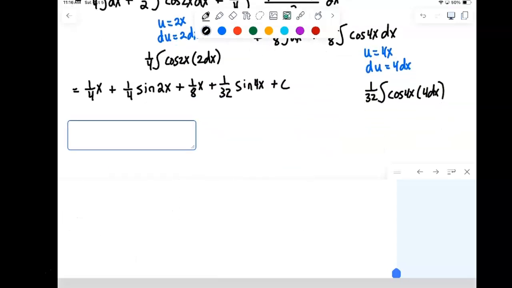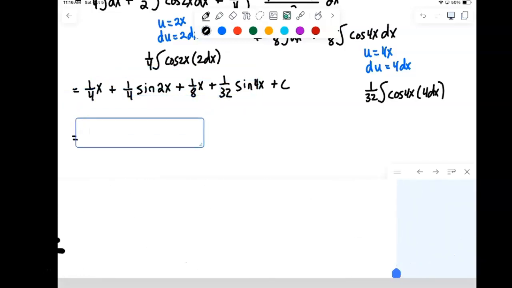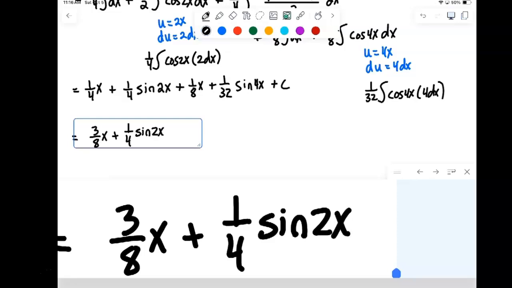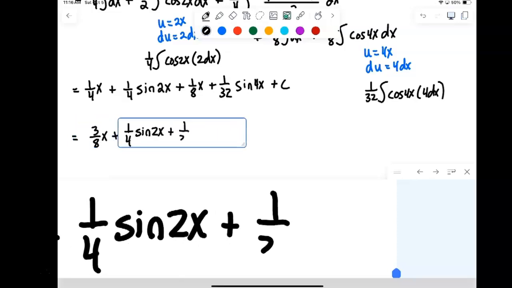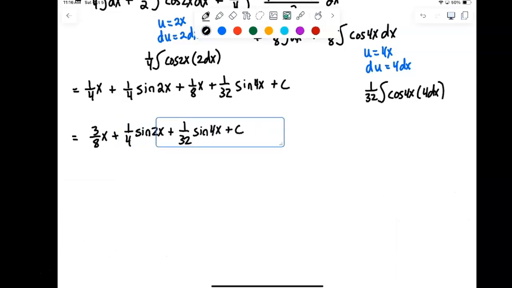There's just a little bit more to do here. We do have like terms, 1/4 x and 1/8 x, so we put those together. 1/4 and 1/8 is 3/8 x plus 1/4 sine of 2x plus 1/32 sine of 4x plus a constant.